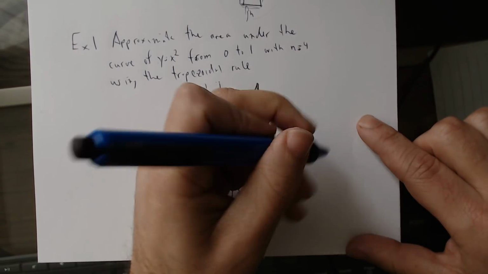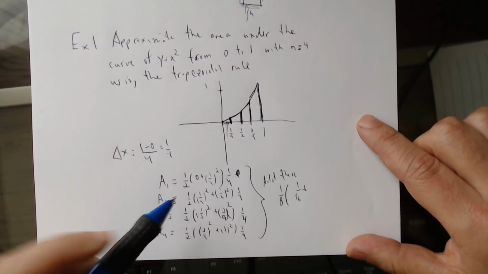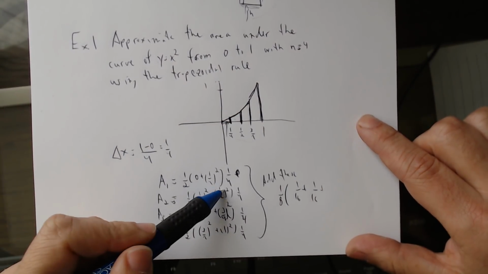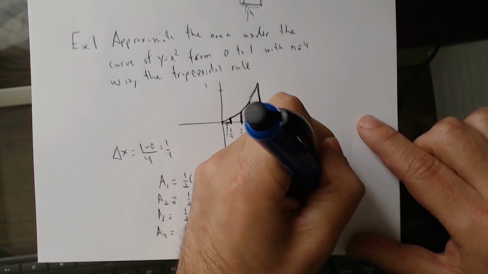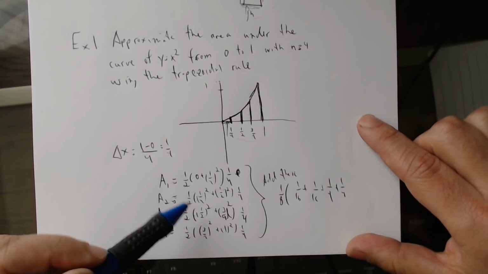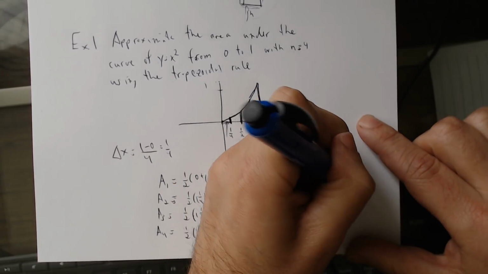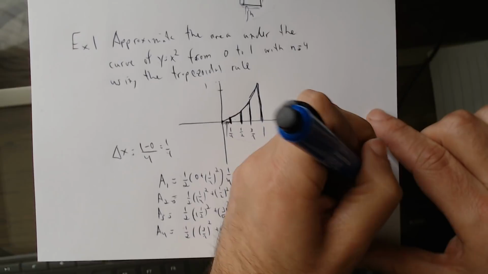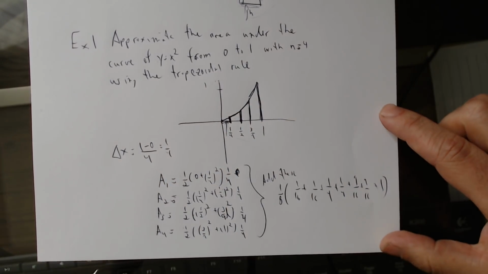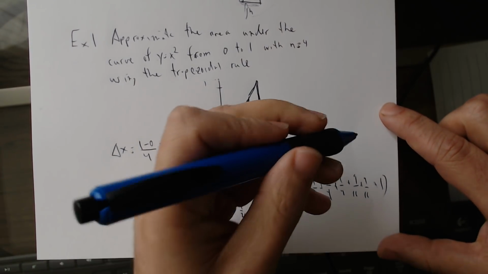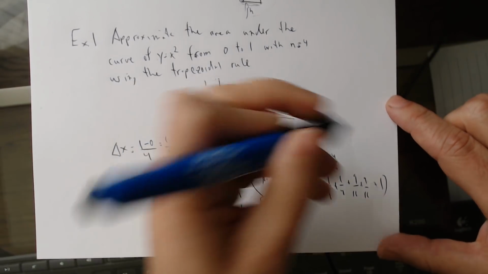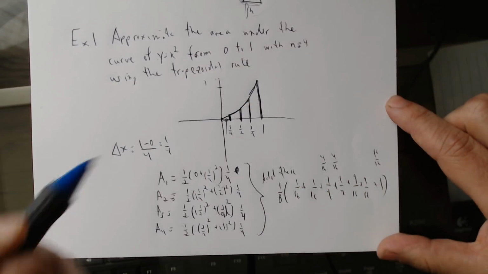So 1/4 squared is 1/16, plus that 1/4 squared is another 1/16, plus 1/2 squared and a 1/2 squared, I have two more 1/4, and then 3/4 squared plus 3/4 squared is 9/16, and then of course the last one is a 1. So if I get a common denominator, this would be 4/16, 4/16, that would be 16/16, and so I could combine them.